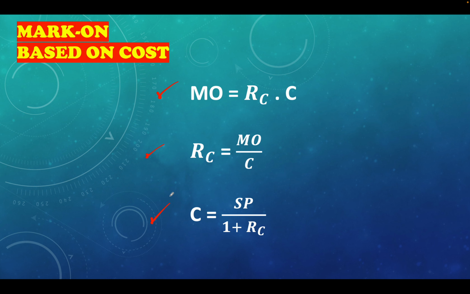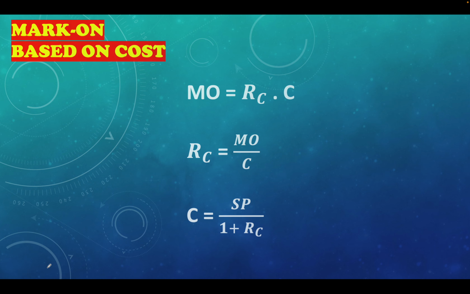And if we're looking for the cost or the selling price and the rate based on cost is given, we use this formula. We can always derive from those formulas so we can answer the question that is being asked. So remember those formulas and take a screenshot if you want to.